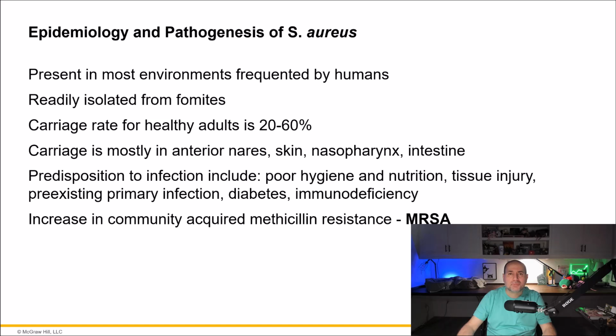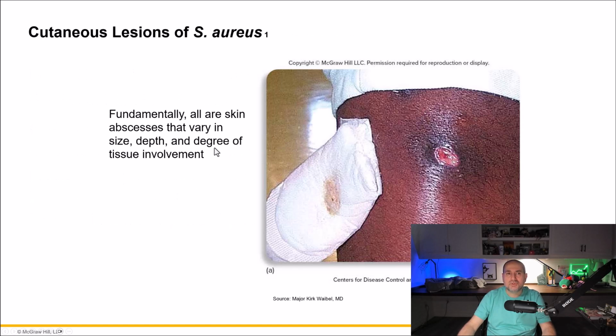You should know that MRSA is a strain of Staph aureus. That's methicillin-resistant Staph aureus. You should know that Staph aureus causes abscesses, which can vary in severity and depth.